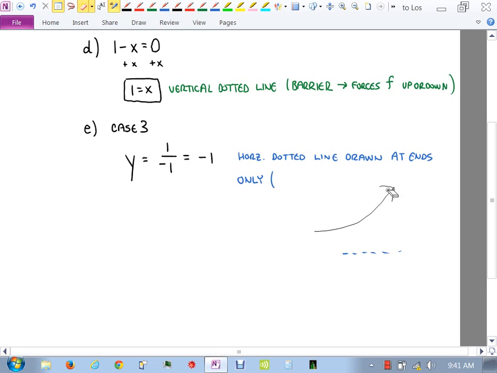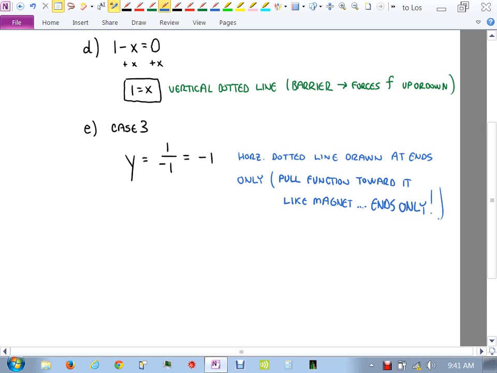So let's keep that in mind when we are doing this. It pulls the function toward it, like a magnet. And I'll put here: ends only. I can't stress that enough. It only tells you about what's happening at the ends.